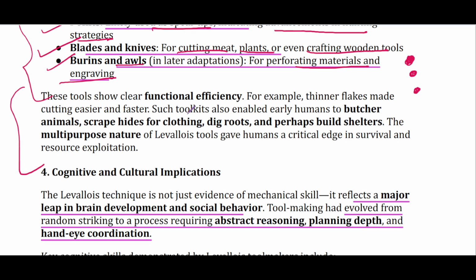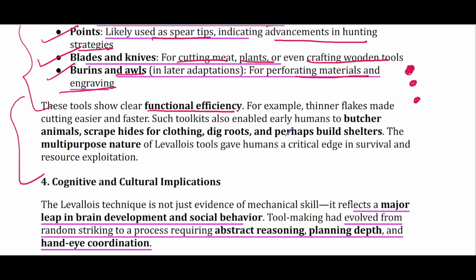So these tools show functional efficiency because when you look at the evolutionary timeline, we started with a simple toolkit, the Oldowan tools, which were quite simple. एक पत्थर लिया, उसके ऊपर दूसरे पत्थर से स्ट्राइक किया, चिप निकल के आई, उन्हीं चिप को फिर जहाँ जहाँ पे यूज है वहां यूज किया. बट उसके बाद हम अशूलियन टूल्स की बात करते हैं.